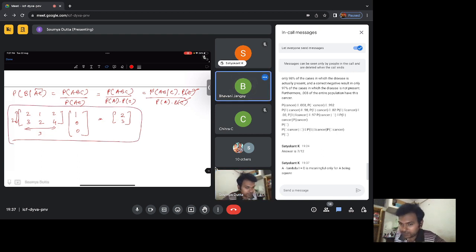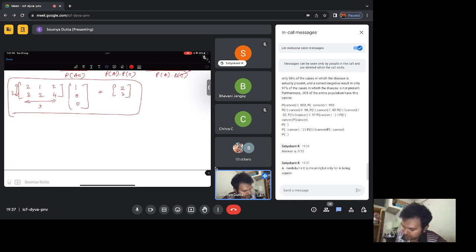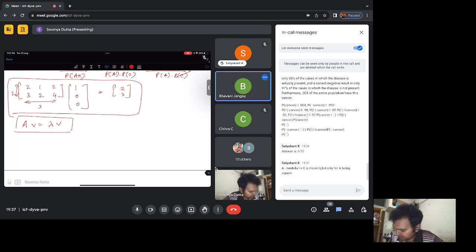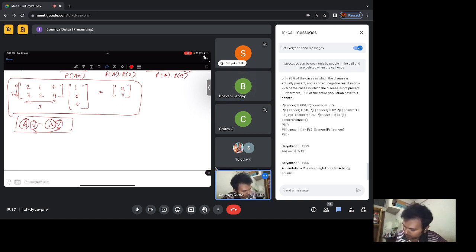Now, given that you saw this example, this is the definition of the eigenvalue, correct? Av = λv. This is a scalar, this is a vector, this is a matrix, and this is the same vector. What will be the dimension of this V and this V?